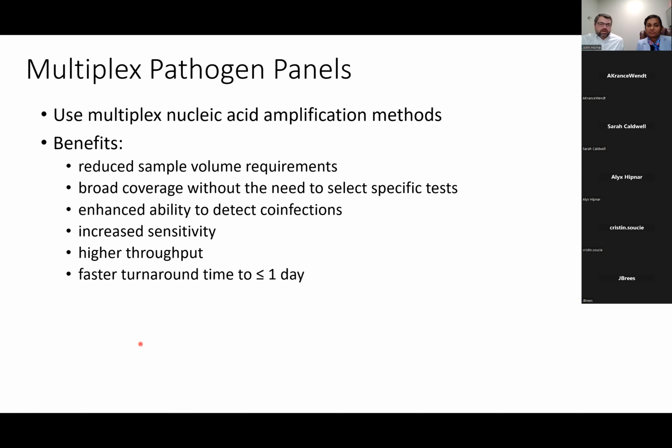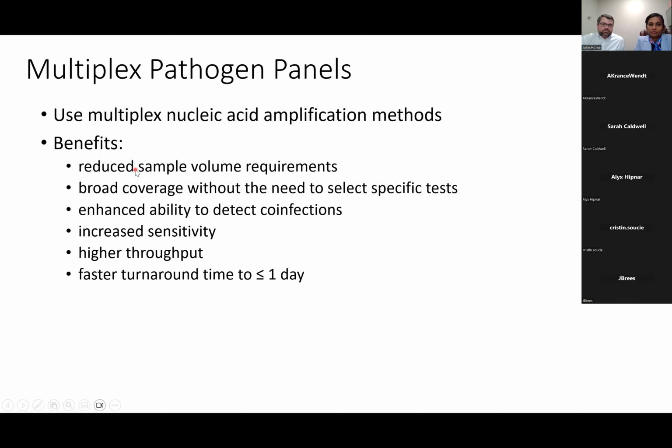BioFire is the trade name, but it's a multiplex pathogen panel. There are different ones that use blood, a respiratory one, a CSF one for meningitis, but with the stool one, you essentially use stool, and then it gives you a lot of information, which we'll talk about.